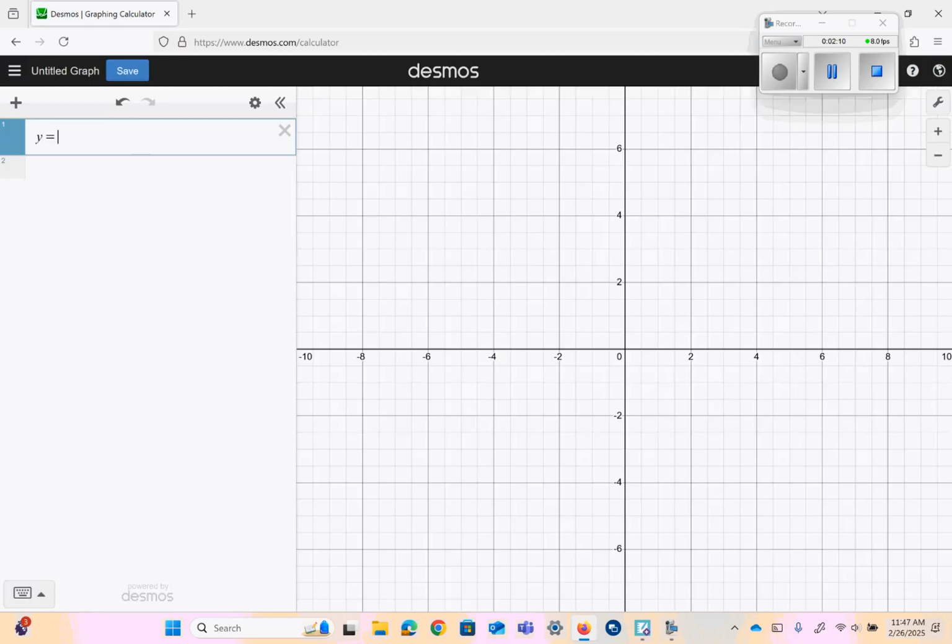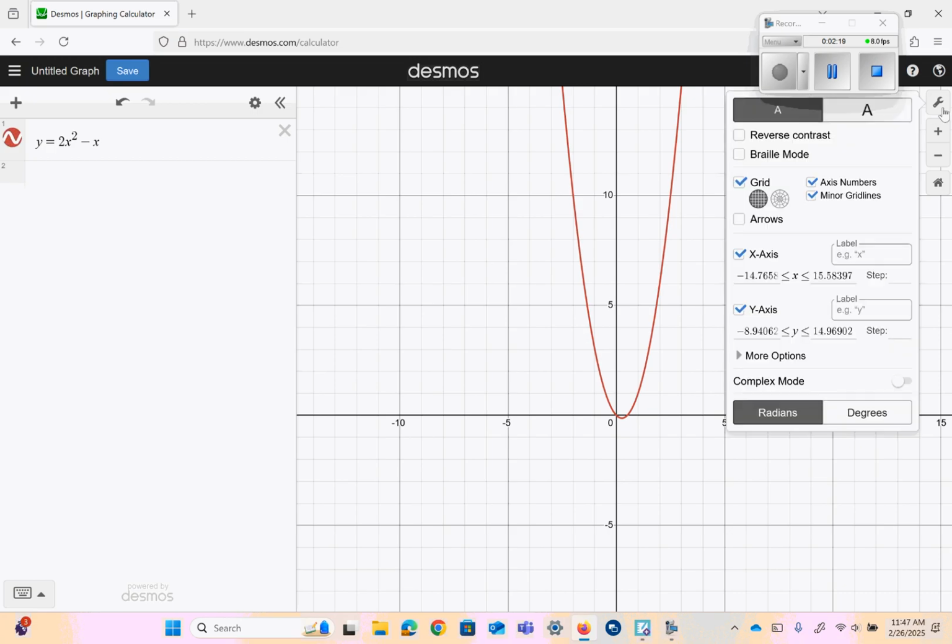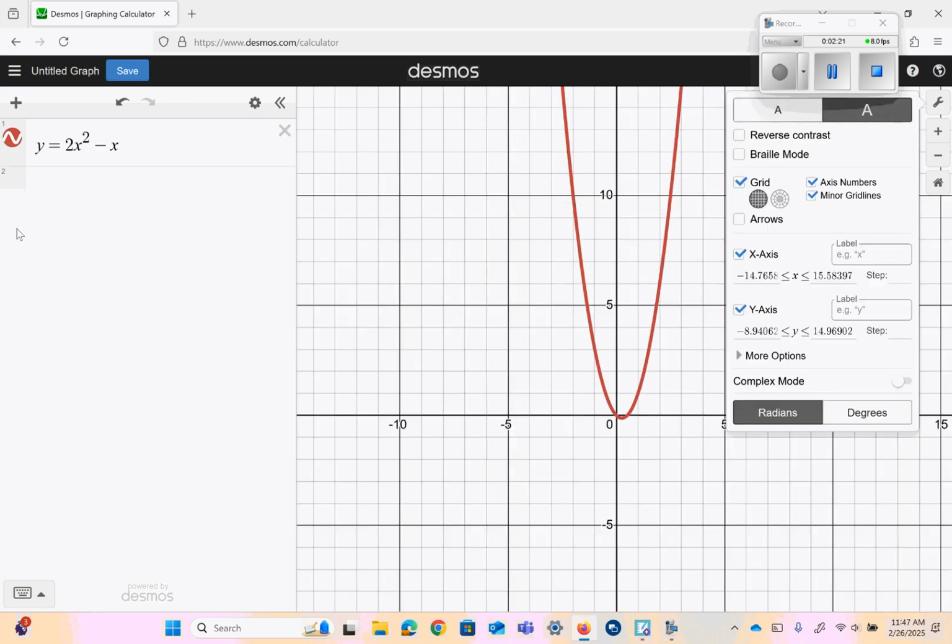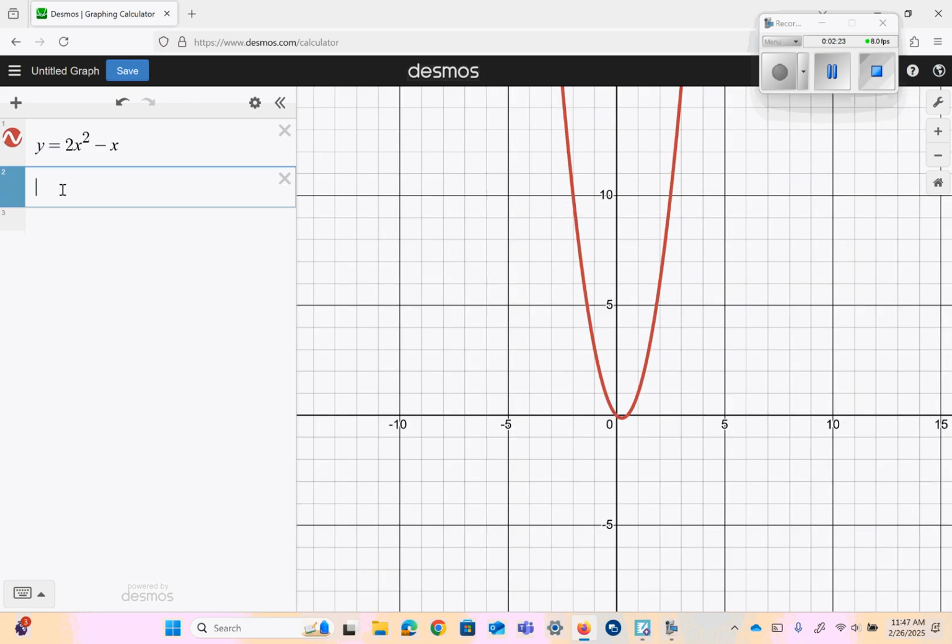So if I have y equals, my original was 2x squared minus x. And then let's do another graph, we'll do this one in blue. The derivative is y equals 4x minus 1. So notice, you go from a second degree polynomial to a first degree linear polynomial. Those are some things that take place.